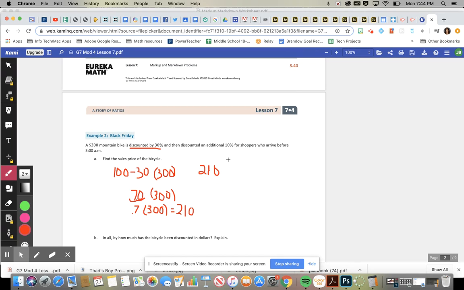And then it's an additional 10% off if you come before 5 a.m. So now I have to take my 100 minus my 10% discount, which is 90% or 0.90 times 210.